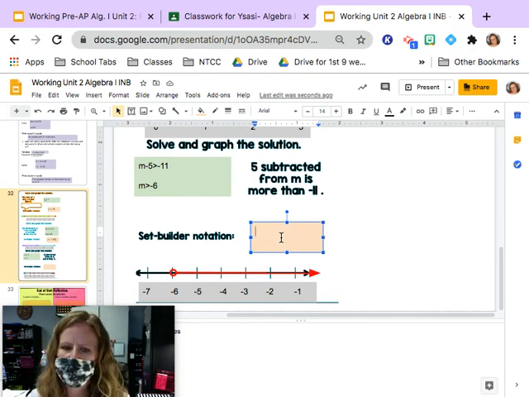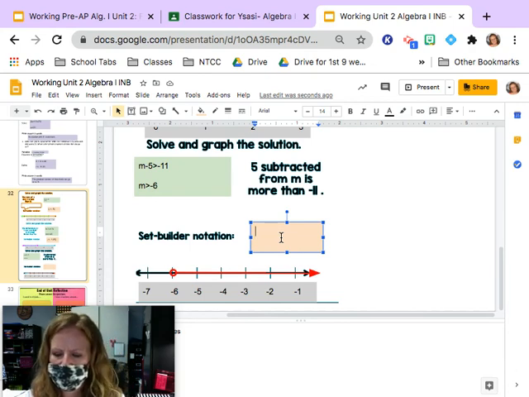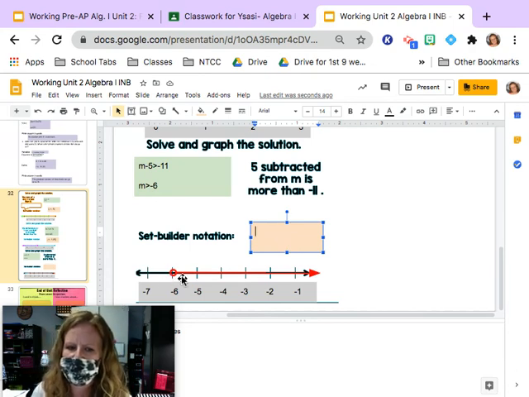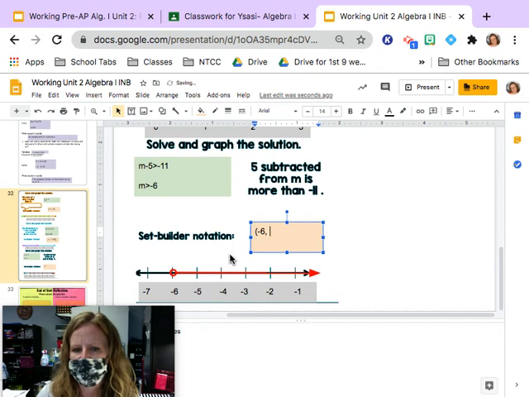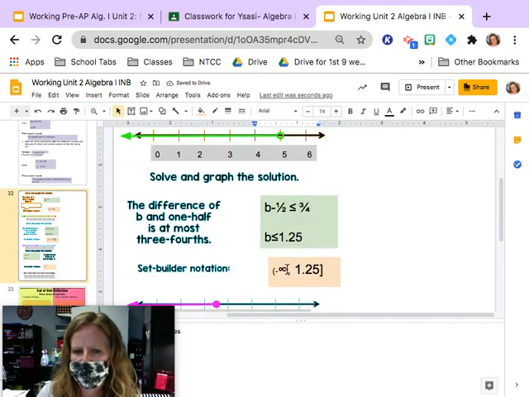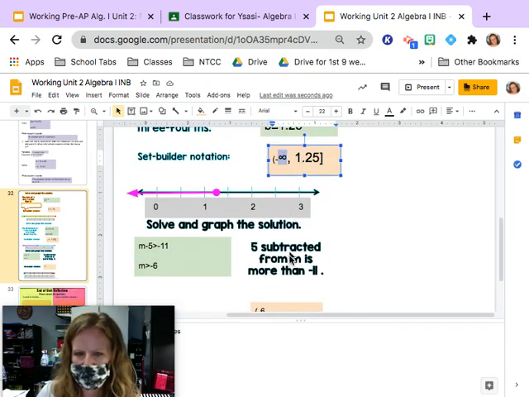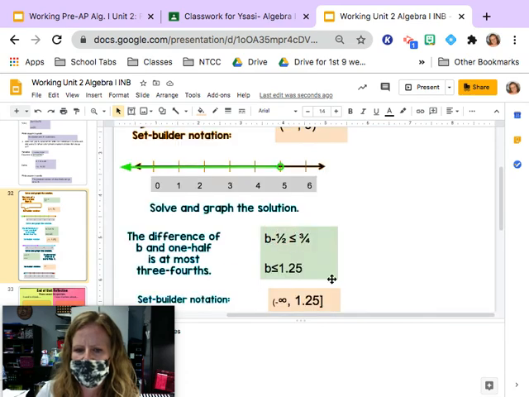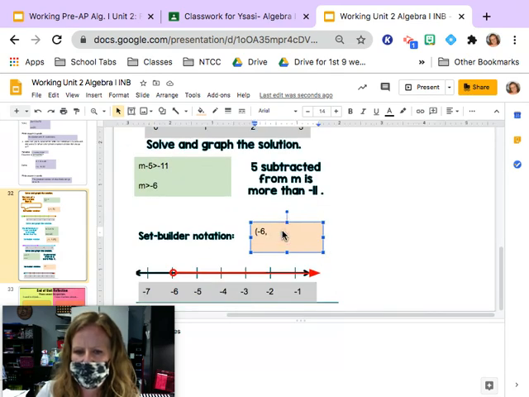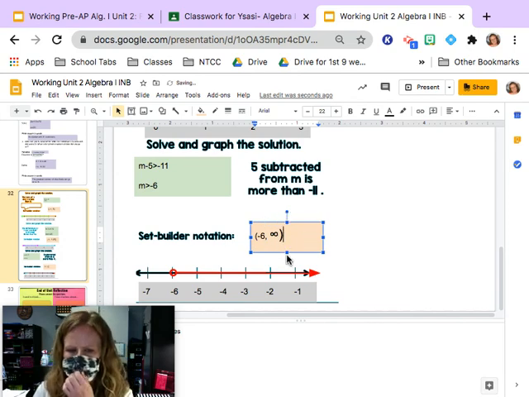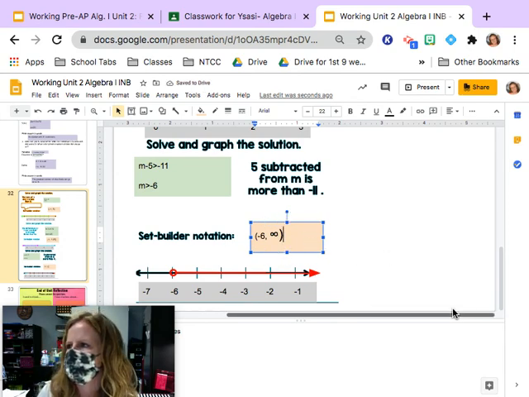Okay, so our interval notation would be, it starts at negative 6, so it's not equal to, so it's just parentheses negative 6, and it goes to infinity. I'm going to go up here and grab this infinity sign. Copy and paste it. And close parentheses. It goes to positive infinity. Negative 6 to positive infinity.